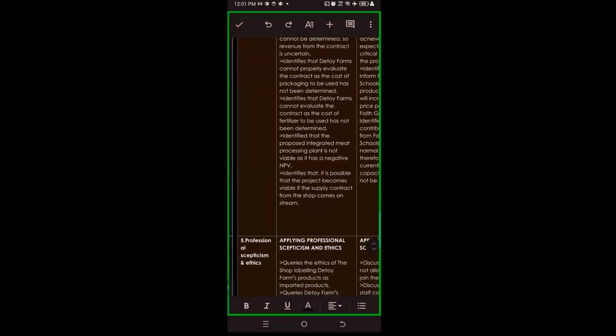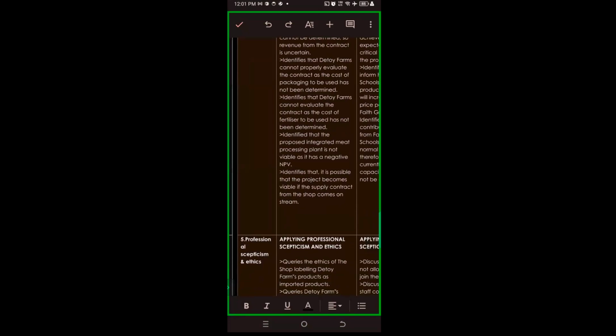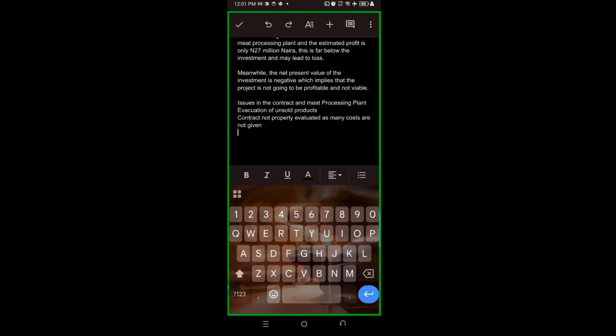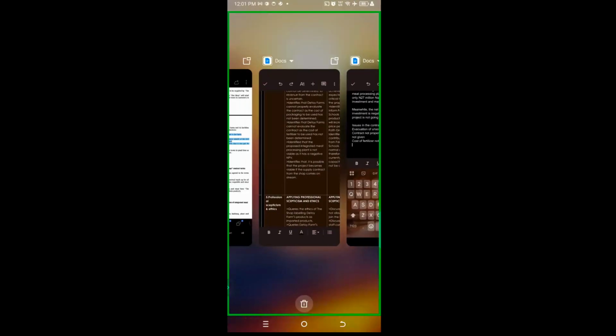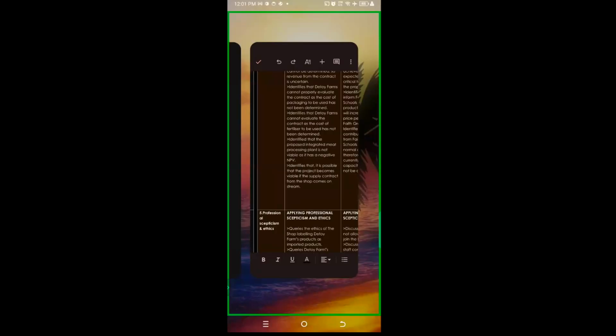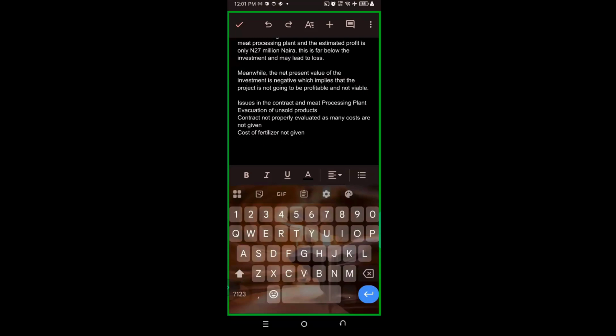I read that they cannot evaluate the contract as cost of fertilizer is not given. And I read that the meat processing plant is not viable.